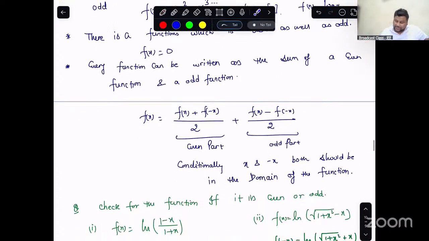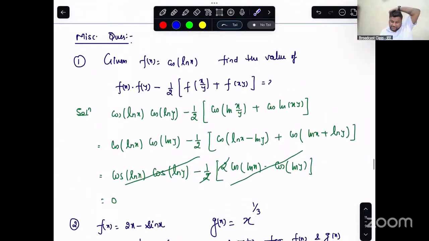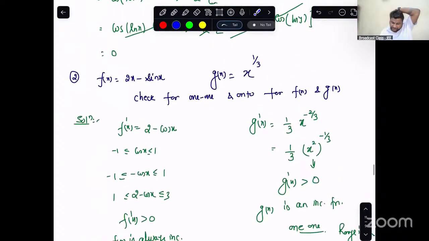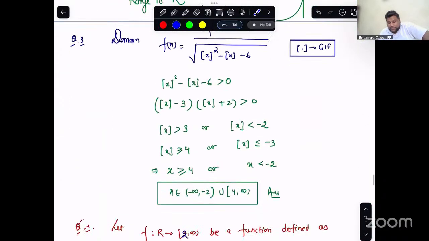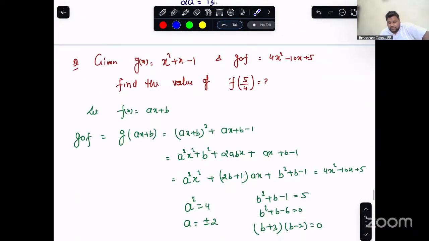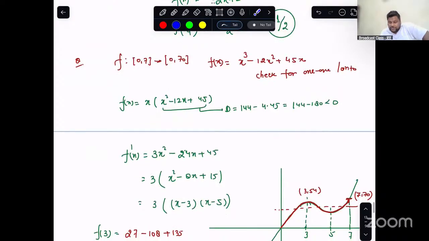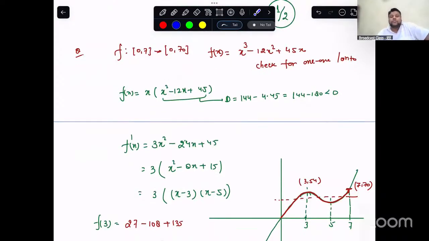Then we have done some examples on even and odd functions, then some miscellaneous questions: many-one, onto, into, domain, surjective nature, composition, and a good question on onto functions. I think I've been able to make you understand everything.